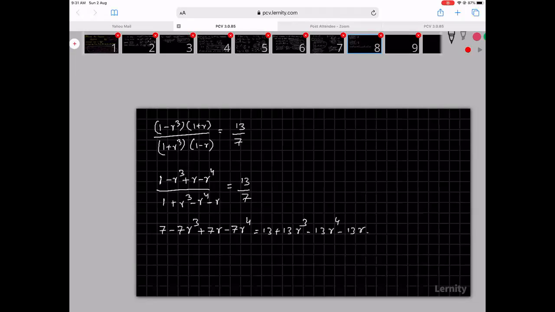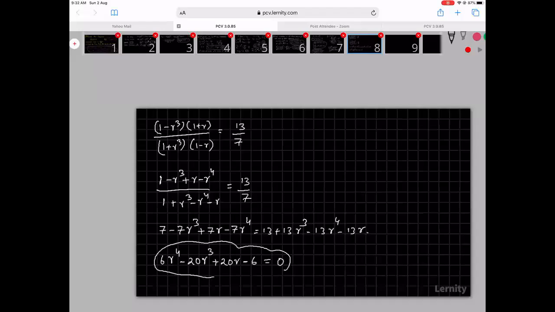So 13 minus 7, so 6r power 4. Then I will bring this side, minus 20r cubed. Then I will bring r onto this side, plus 20r. Then I will bring this onto this side, minus 6. Minus 6 is equal to 0.